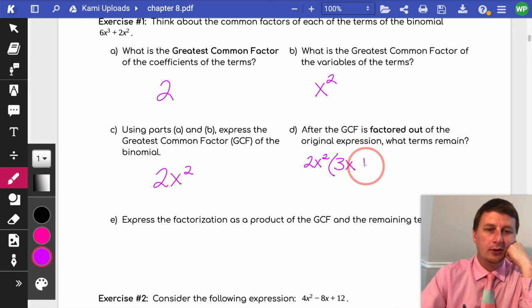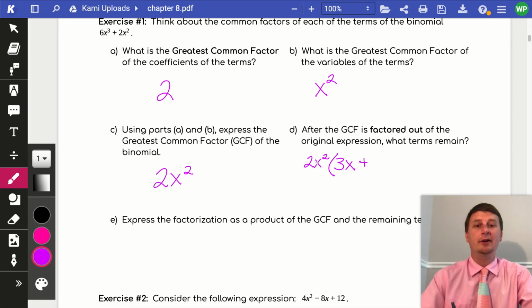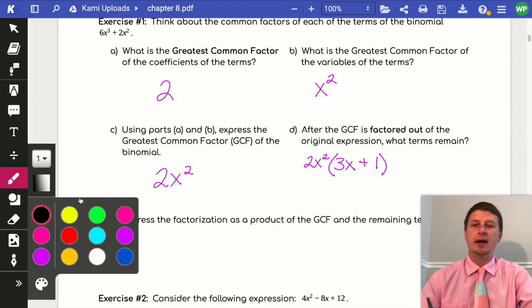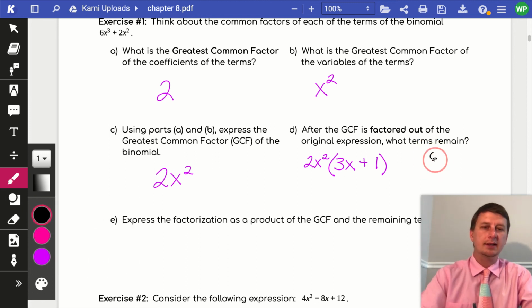And then I'm going to put a plus sign because I have a plus sign there. And then 2x squared times what will give me 2x squared in my original binomial? And I already have the 2x squared, so I just need to multiply by 1. And that's how we factor it out. Essentially, what you're doing is you're taking the binomial 6x to the third plus 2x squared, and you're dividing each of the terms by the GCF.